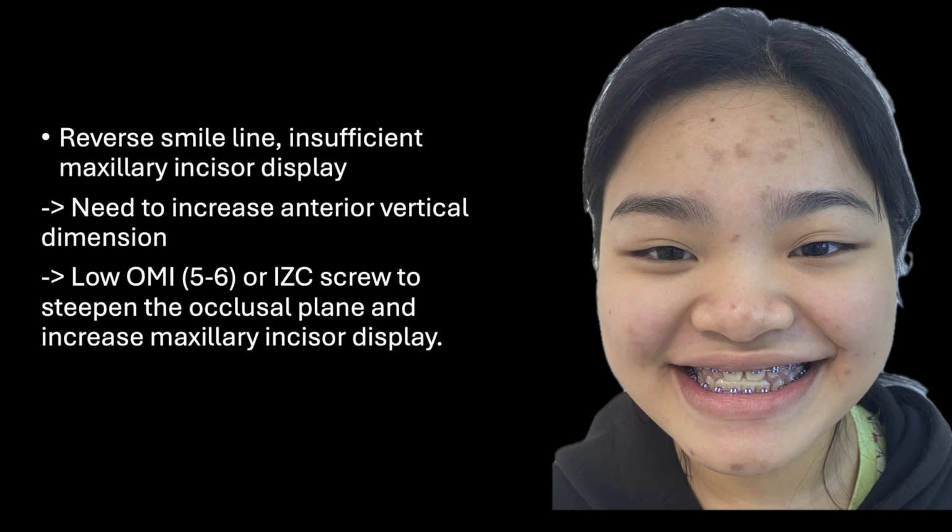And when the patient smiles, we can see a reverse smile line and insufficient maxillary incisor display. So after the treatment, we need to increase the anterior vertical dimension. So we use low OMI or IZC miniscrews to steepen the occlusal plane and increase maxillary incisor display.